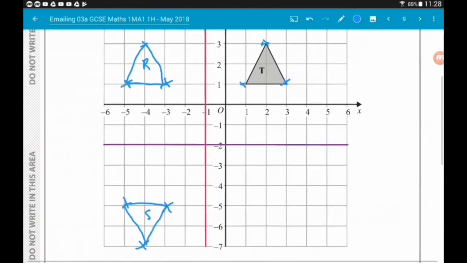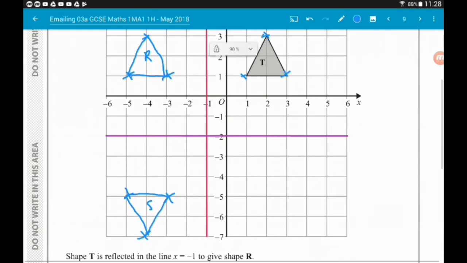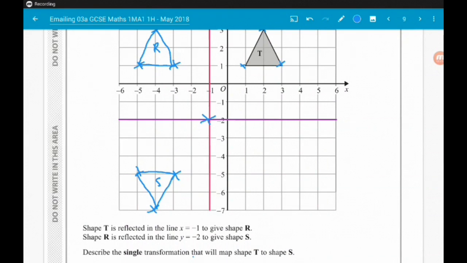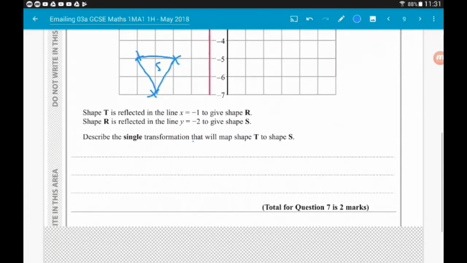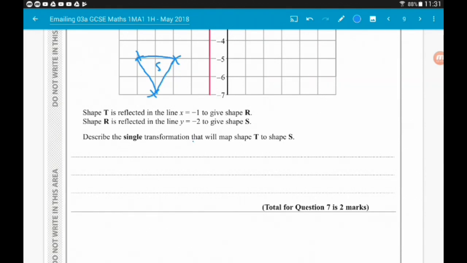So what we now need to do is describe how we get from T to X. Okay, so it's flipped over, it's completely upside down, so we would want to say it's a rotation of 180 degrees.